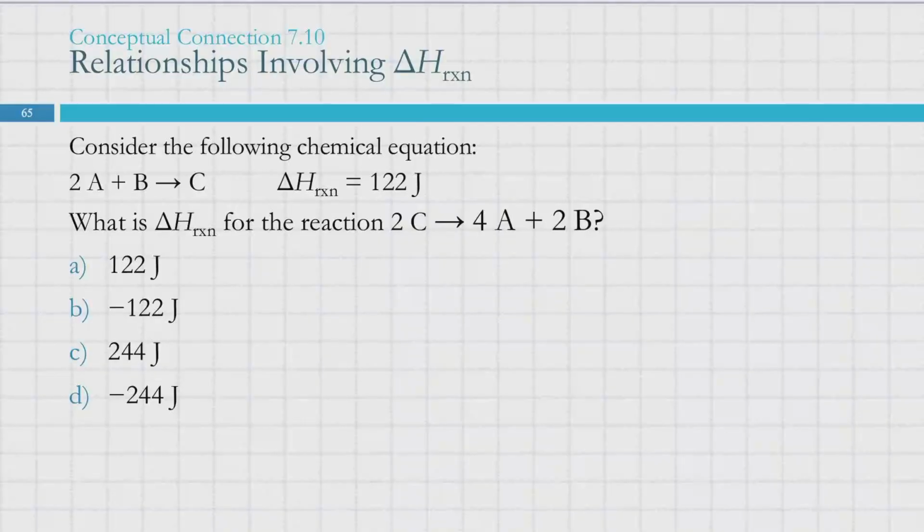So think about, what did we change? How did we change our initial reaction to get to this reaction? What's one transformation that we did? We went from 2 to 4 for our moles. So we doubled the moles.